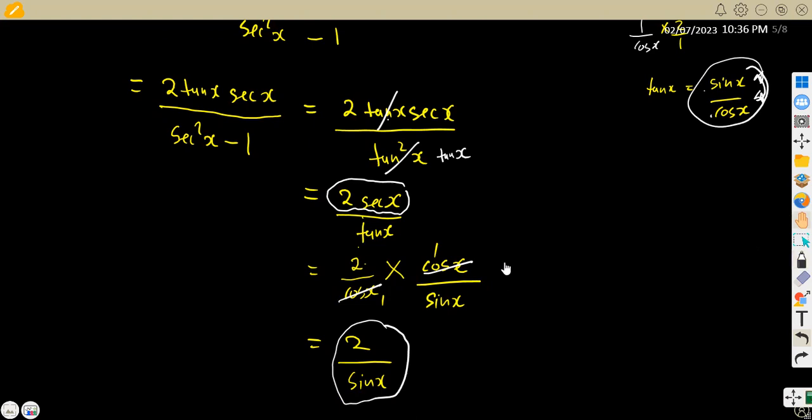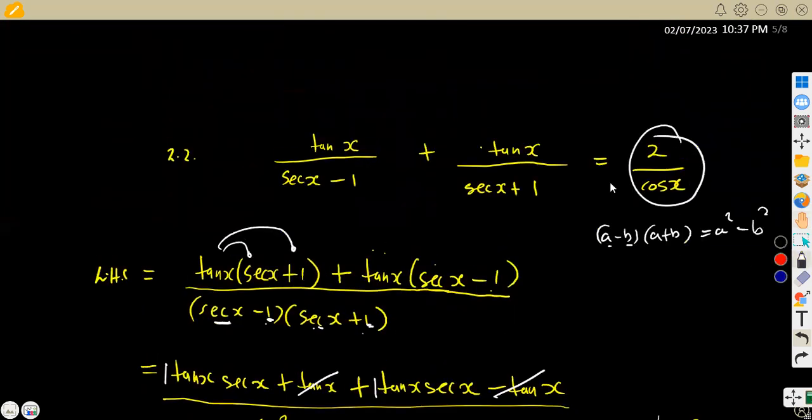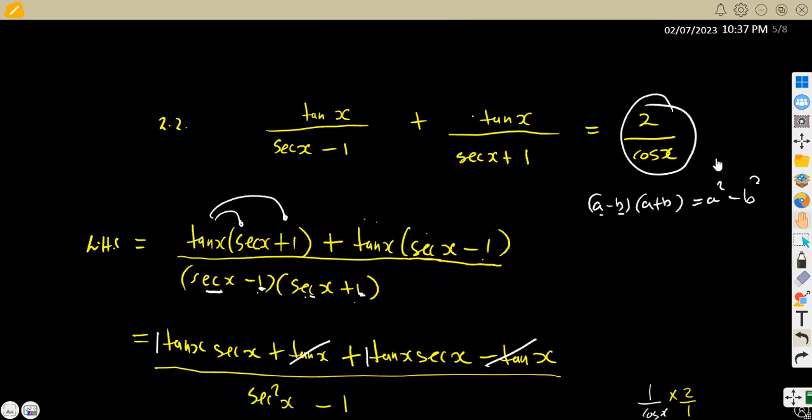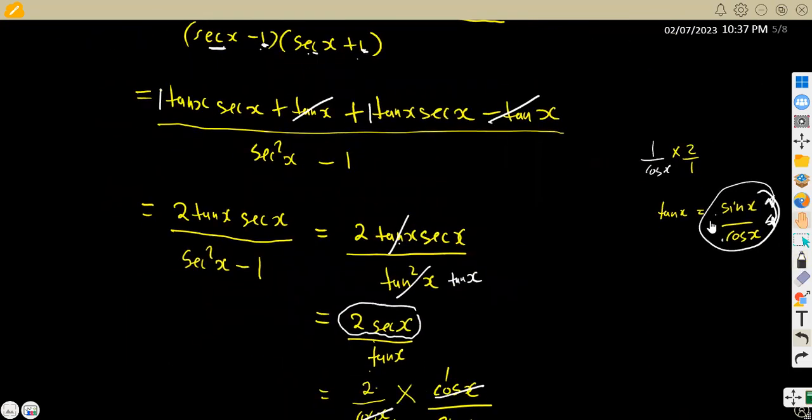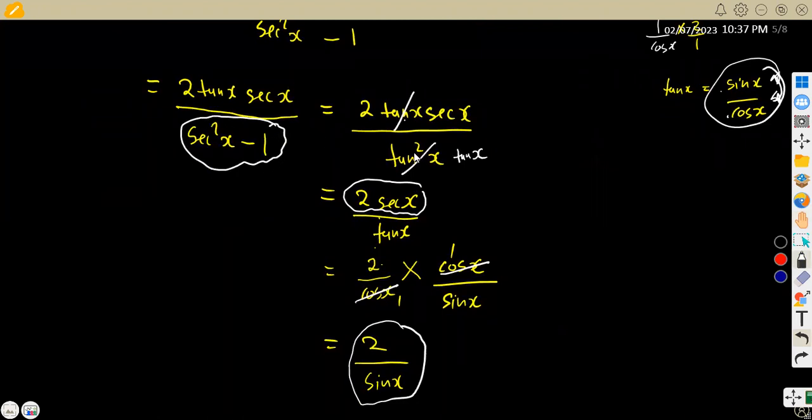But if you check here, on the other side, it's given as 2 cos, which is actually wrong. So I want you to correct that even from the memo, that was actually wrong. The identities must be applied properly, especially where I indicated that sec squared minus 1 is equivalent to tan squared, not tan x, but tan squared.